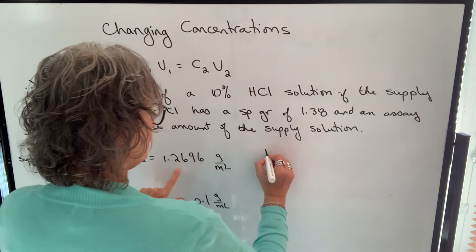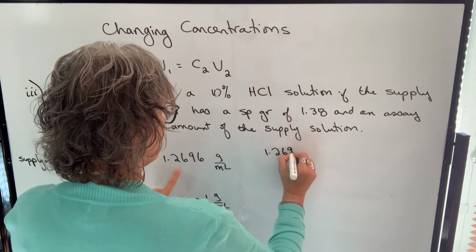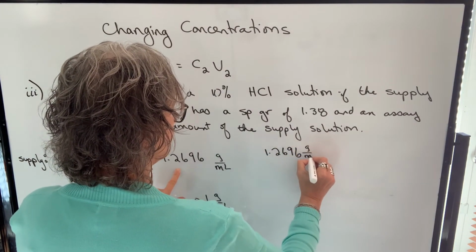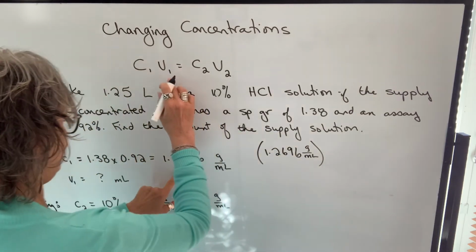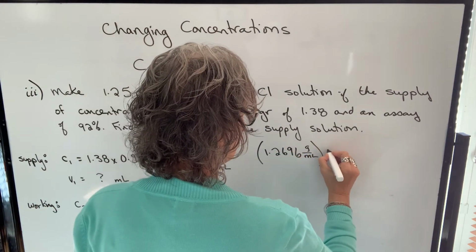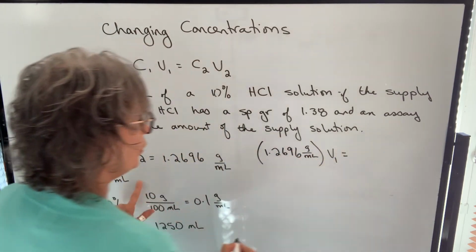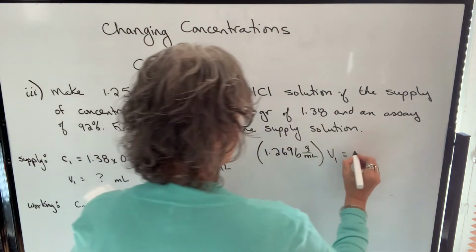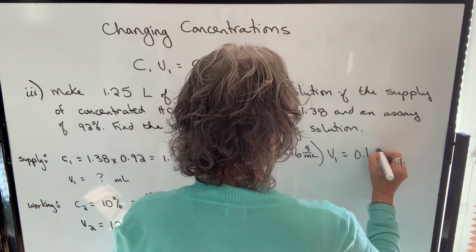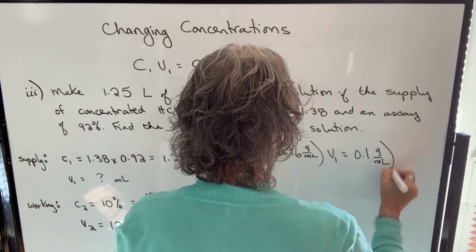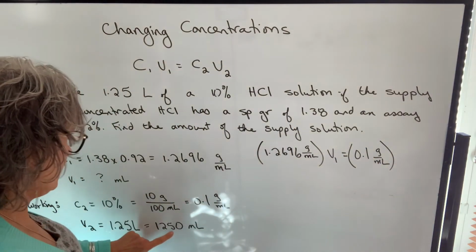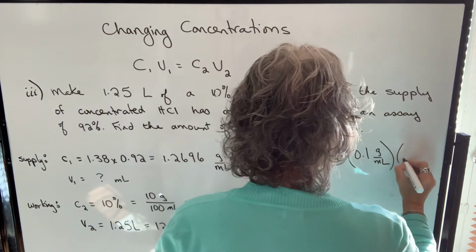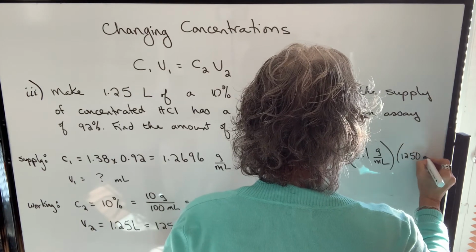C1 is 1.2696 grams per milliliter. V1 I don't know, that's going to be my unknown, will equal C2, which is 0.1 grams per milliliter, times V2, which is 1,250 milliliters.